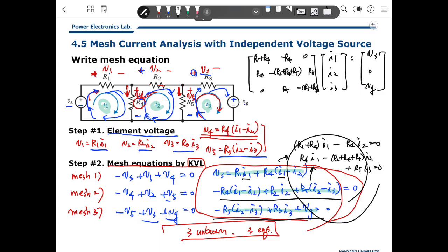Based on the matrix, we can get the mesh currents very easily.